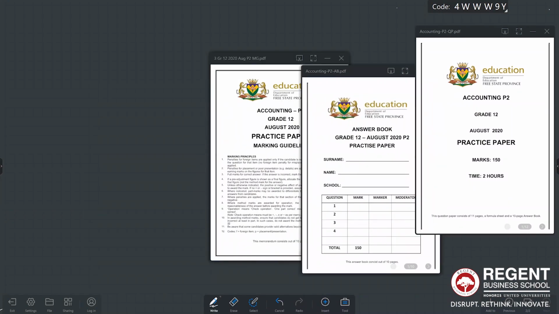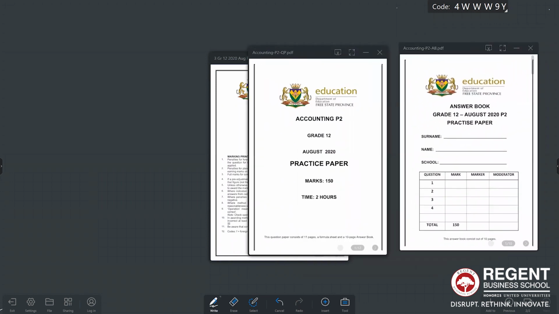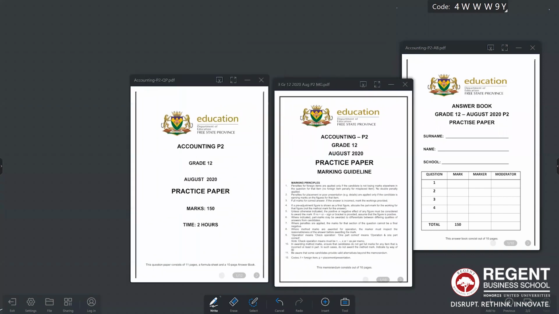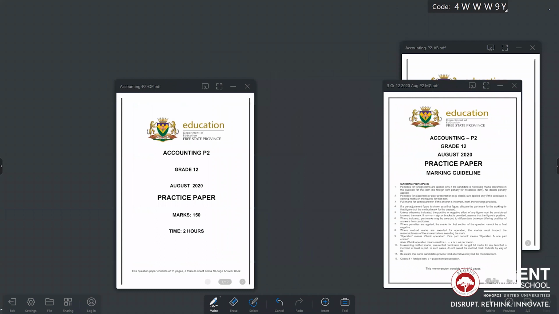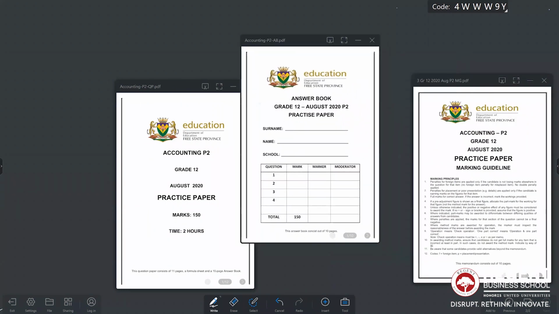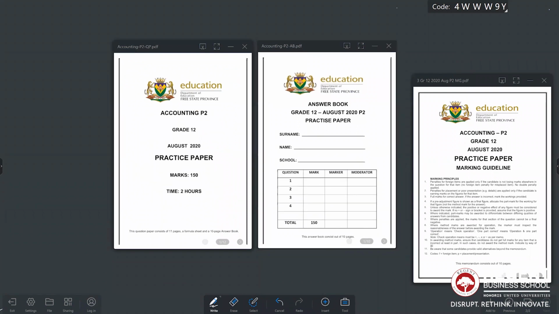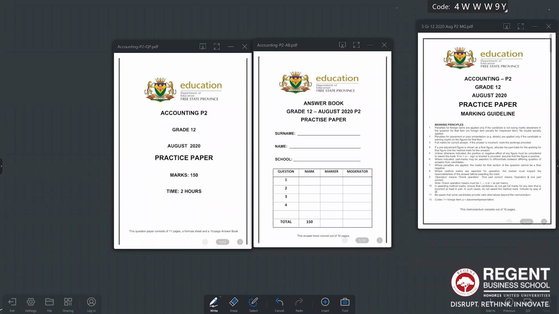The department sent you those books. Those books are very handy. Work out those papers in those booklets, and I'm telling you, you will be smiling all the way. Once your results come, you'll be thrilled. Or when you write the paper, you'll find it is so easy that you'll say, hey, you know what? Accounting is not difficult at all. I can score such good marks.